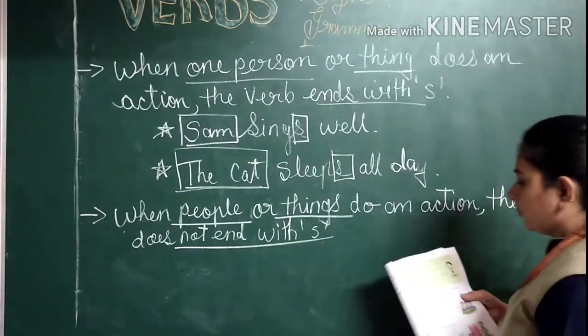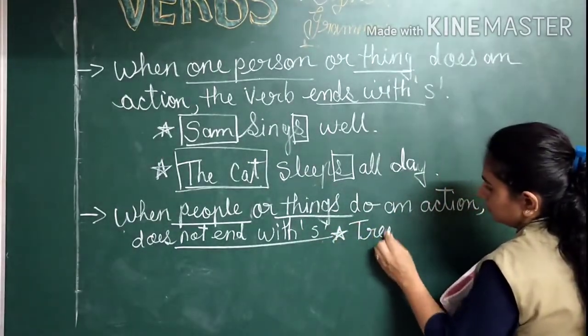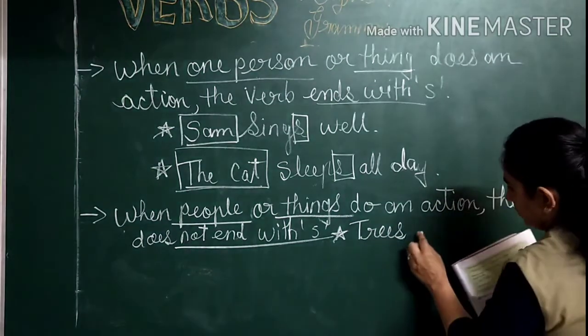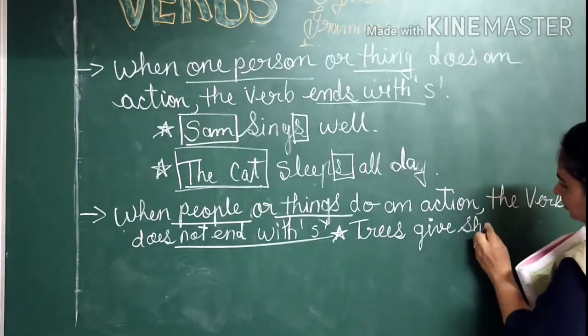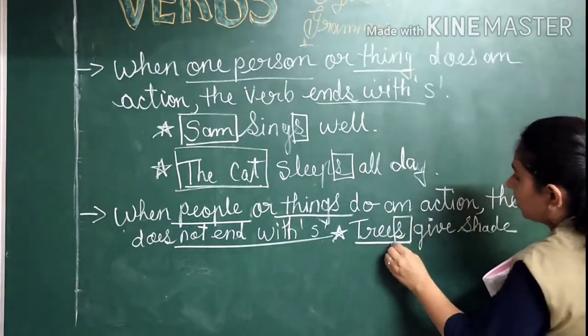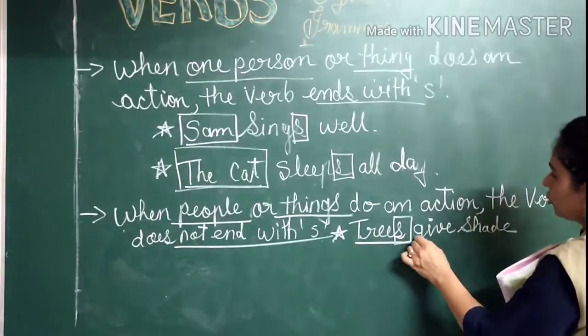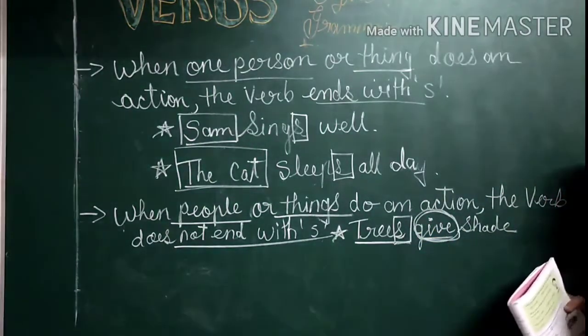Understand? For example, trees give shade. So trees, it is in the plural form. Many trees they have said. So you can see हमने यहाँ पे s नहीं use किया है. Understand?